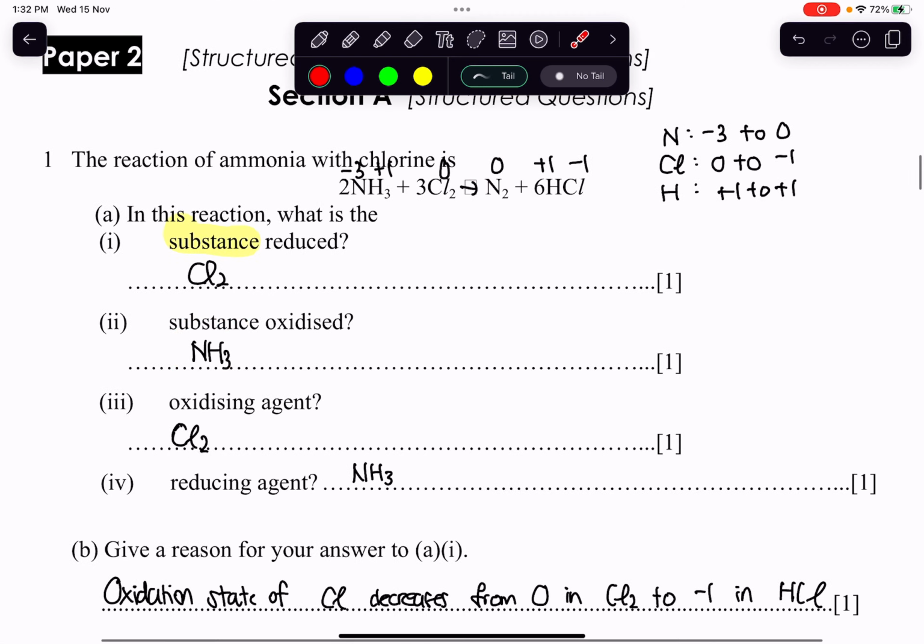Opposite now, oxidizing agent means that the substance itself is reduced, so it has to be Cl2. Reducing agent is the substance that is oxidized, so it has to be NH3. Remember we are focusing on the reactants because the reactants are the ones that are either oxidized or reduced. You cannot pick the product as the answer. It will not make sense. The product can't be oxidized or reduced.